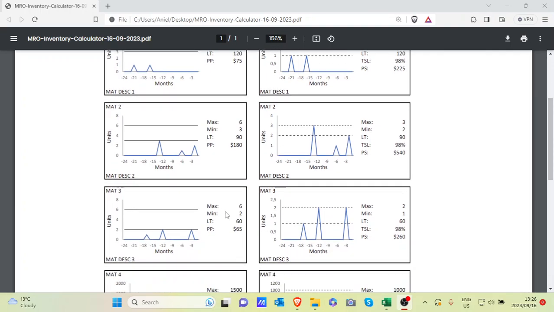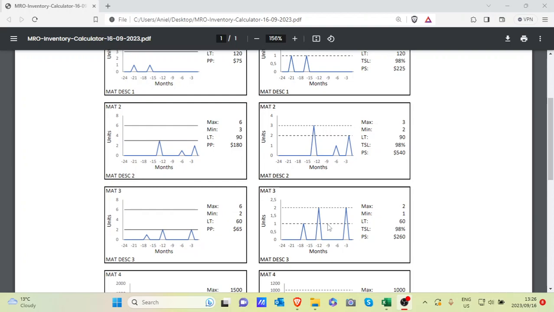If we look at, let's say, material number 3, here we see in the past there was demand for this particular material. The maximum level is set to 6, minimum 2. These levels are just way too high as well.